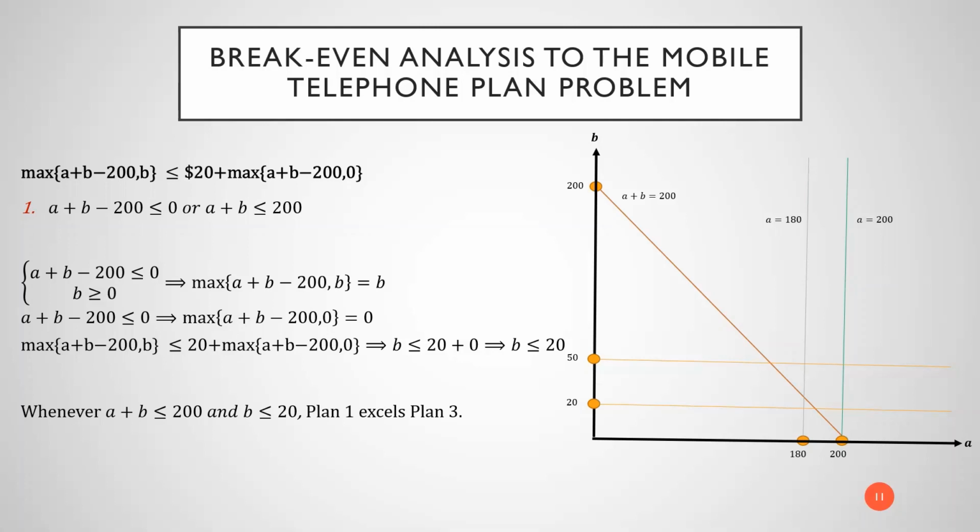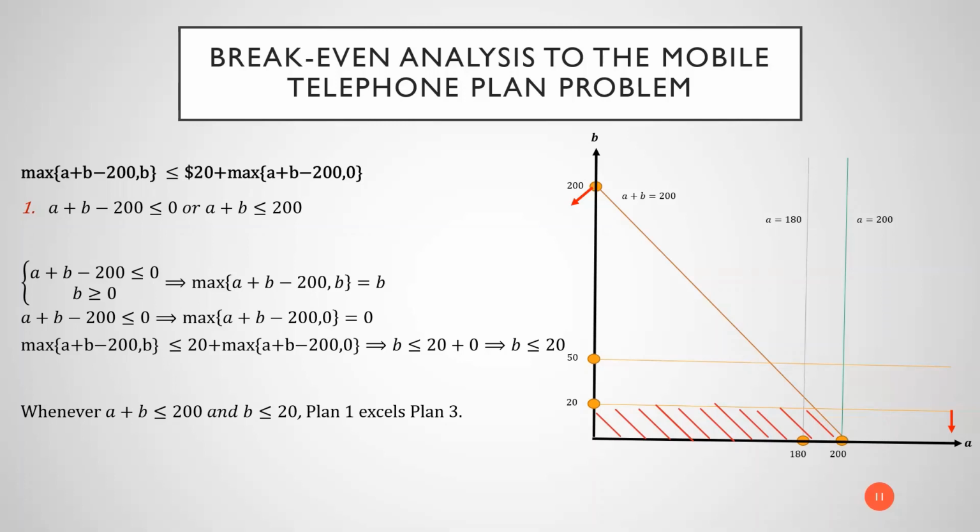So the left side. So your direction should be like this. This is the area A plus B less than or equal to 200 is covering. And also we have the area for B less than or equal to 20. What is the intersection between these two regions? The cross-hatched area shows this desired region. So this is for the first case.